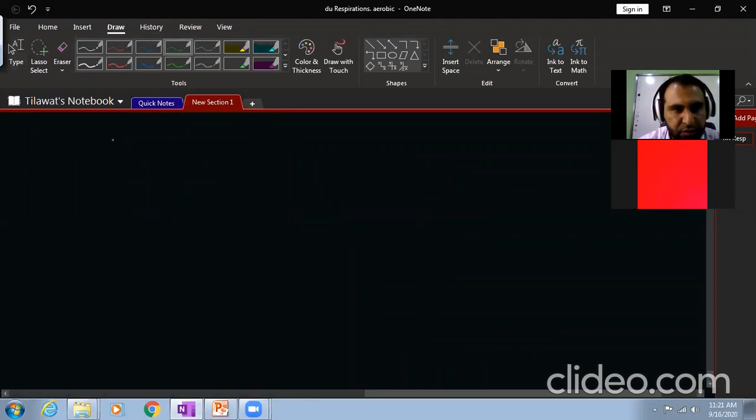One allele I will represent by A, or you can also take another letter, but A is easy for me, that's why. So A, let's suppose I am selecting normal, right? And small a, I am selecting as affected.